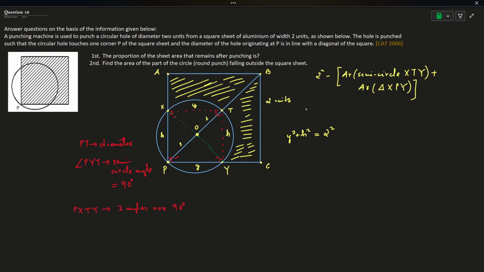Correct, guys? You have to subtract these two areas in order to get the remaining area. So from here, 2 squared is 4, minus the semicircle area, which is pi r squared by 2.